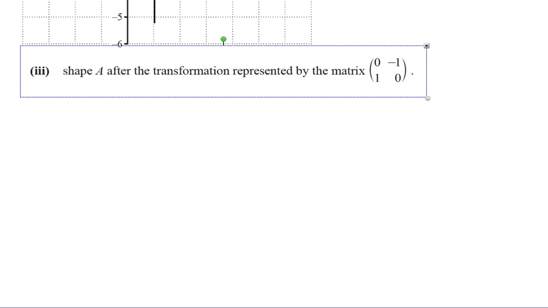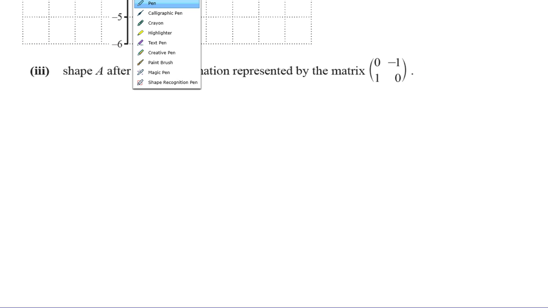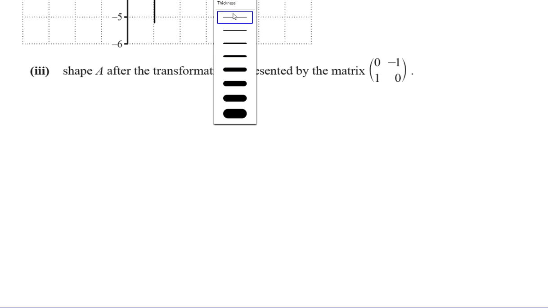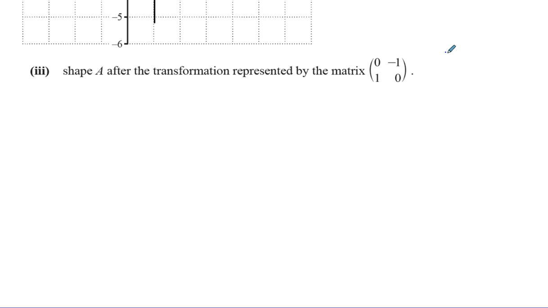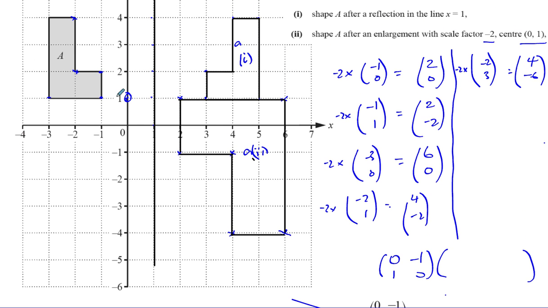One way, which would actually be quite cumbersome in this particular example, would be to actually multiply the object matrix by the transformation matrix.